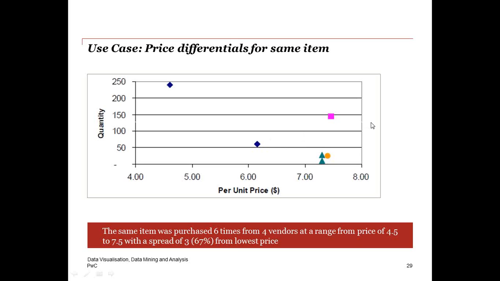The second cause of worry, just by looking at this visualization screen, is that whilst you can understand that the per unit price will go down if your quantity is high, it's very difficult to understand why the per unit price will be high even if your quantity is actually quite low. For example, where I'm pointing, the per unit price is very low, which is 4.5, and the quantity is very high.